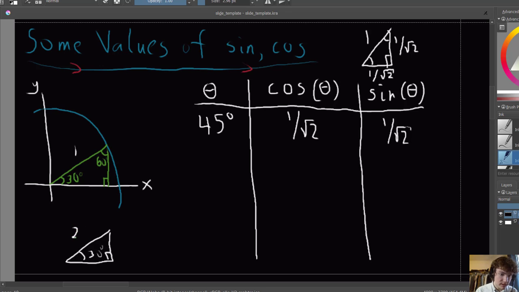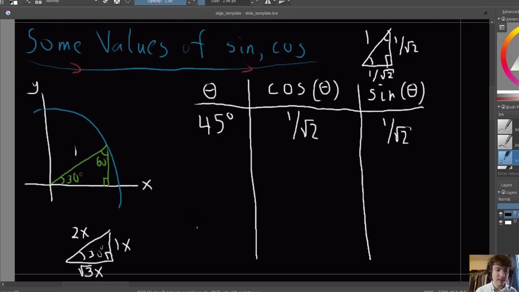It can be twice anything. So 1 goes here, and then the root 3 goes here. This is the usual ratio between the lengths for a 30, 60, 90. And you can check that this satisfies Pythagoras, because root 3x quantity squared gives us 3x squared, and adding that to 1x squared gives us 4x squared, which is indeed equal to 2x quantity squared. So this satisfies Pythagoras just as this one does.